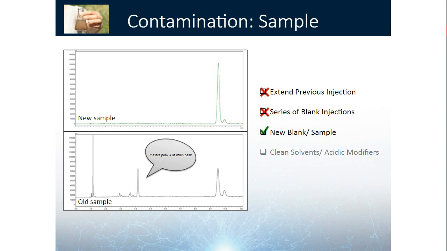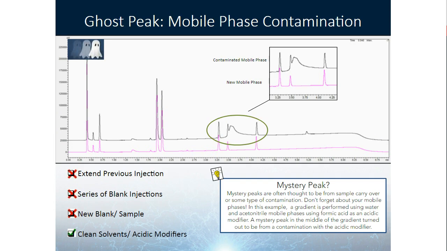And next would be ghost peaks or mobile phase contamination, not only in your, let's say, acetonitrile or water, but keep in mind these acidic modifiers can get contaminated as well, and that's exactly what we're seeing here. This was a separation using acetonitrile and water with 0.1% formic acid. We were getting this random ghost peak in the middle of the gradient. Extending the previous injection didn't work, with blank injections we still saw it.